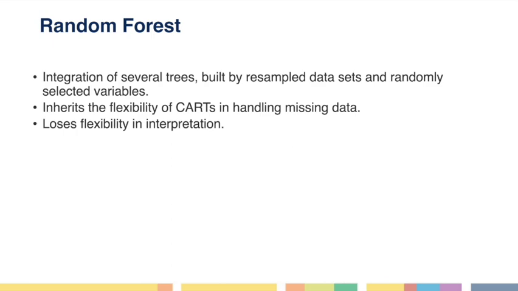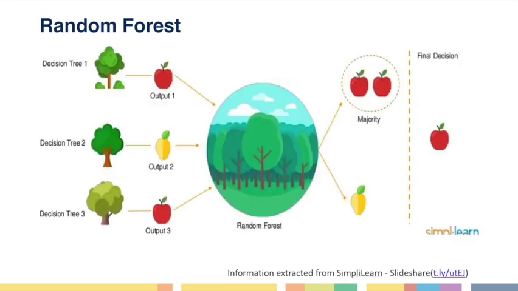So we can observe that random component that this model has. As we saw also before, it has this flexibility of managing missing data like CARTs, and it has some disadvantages also compared to the CARTs. One of them is that it loses flexibility in interpretation of the model, since it cannot be reproduced in the trees as we saw before.